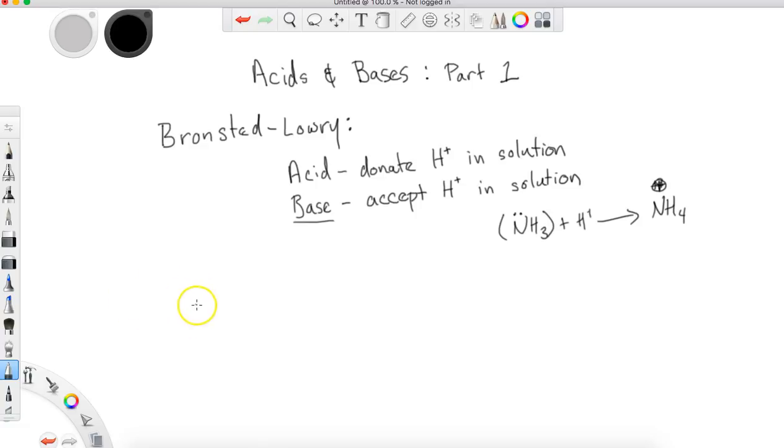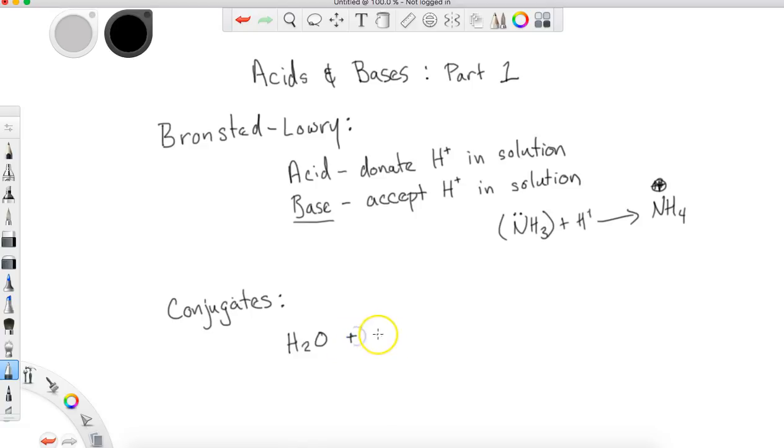Another very important concept is the idea of conjugates. Most of this should be stuff you went over in general chemistry at some point. When we deal with conjugates, we're talking about what's going to result on the other side after an acid and a base have reacted.